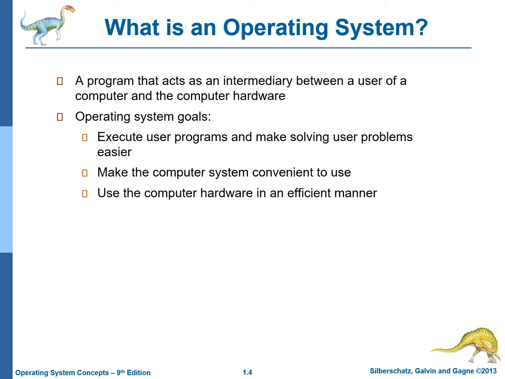Okay, so to start with, how will we define operating system? What is an operating system? An operating system is a software which acts as an interface between the user program and the computer hardware. So basically it is an interface between the user and the computer hardware.